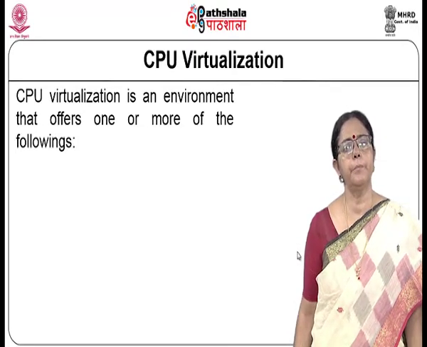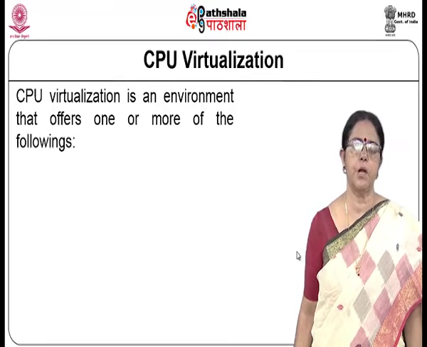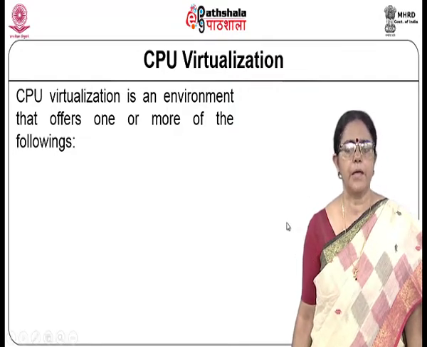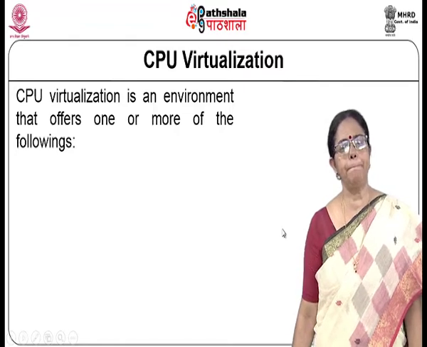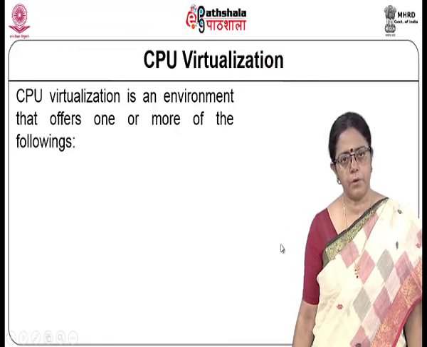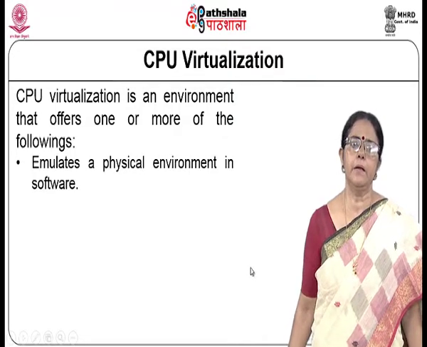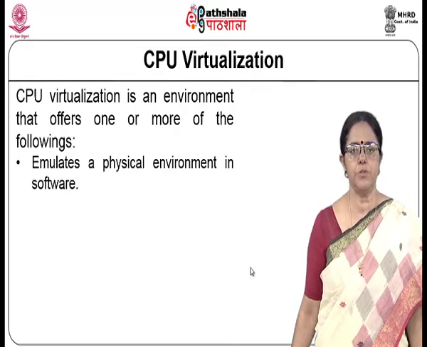So, specifically we will talk about CPU virtualization or HAL virtualization, hardware abstraction layer virtualization. There are a few points that we need to understand, that we can emulate a physical environment in software.